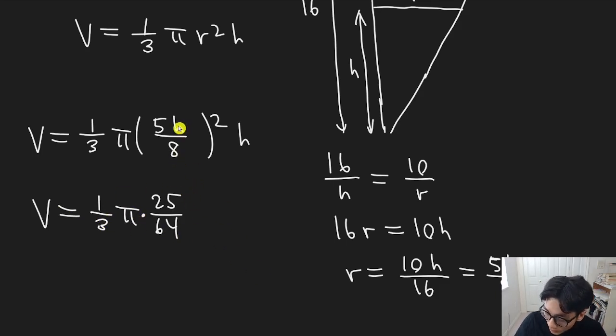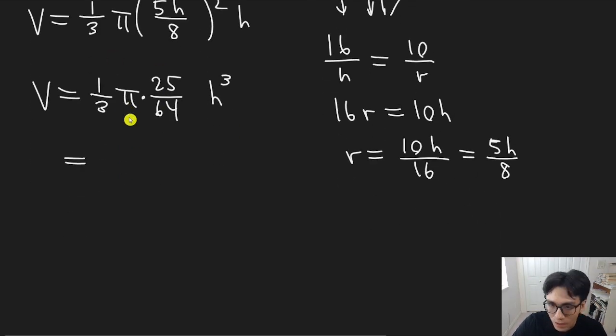For the variable part, we have h squared times h. That makes h cubed. For the number part here, you could multiply things together. For example, 3 times 64 is going to be 192. On the other hand, when we take the derivative, we're going to have a factor of 3 anyway, so it's actually going to cancel. So let me just leave the constant like this.